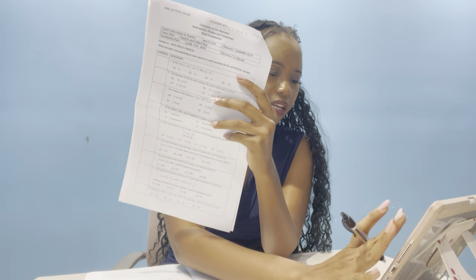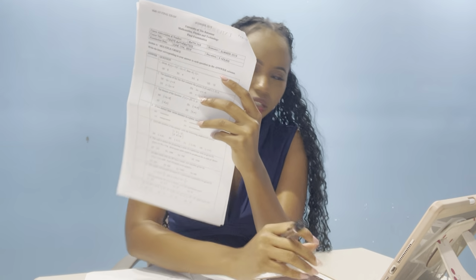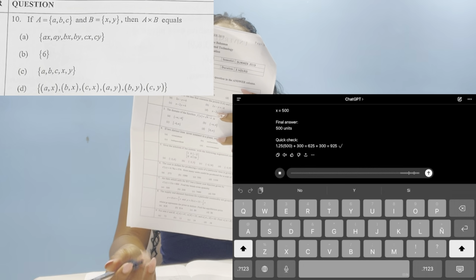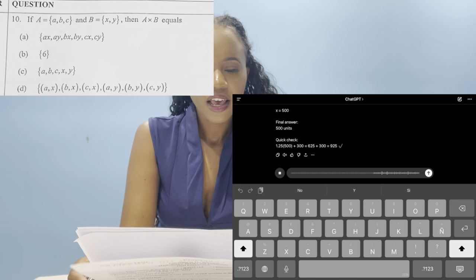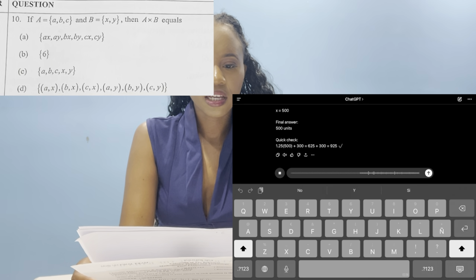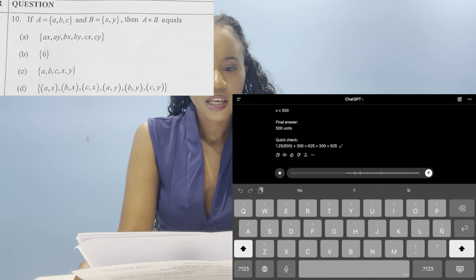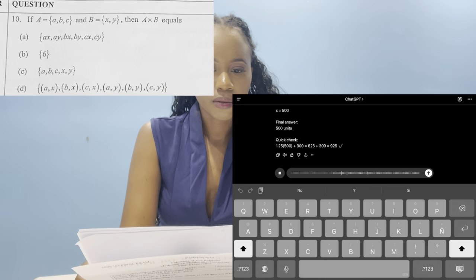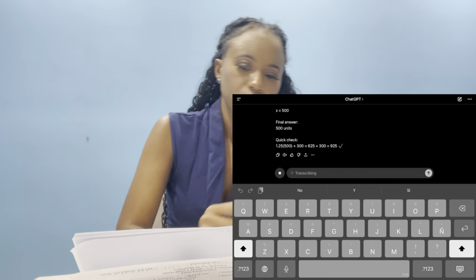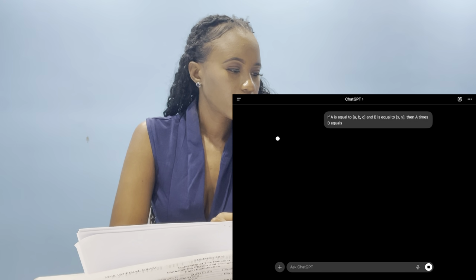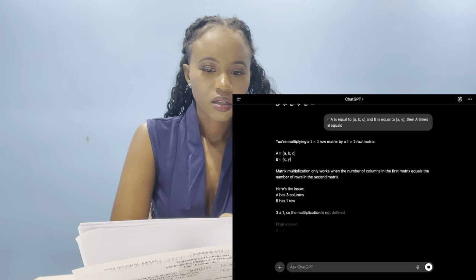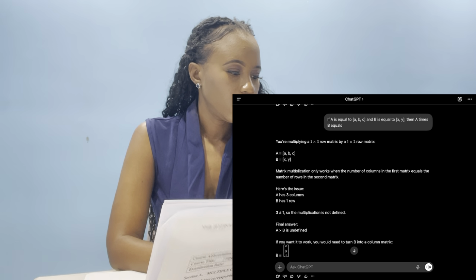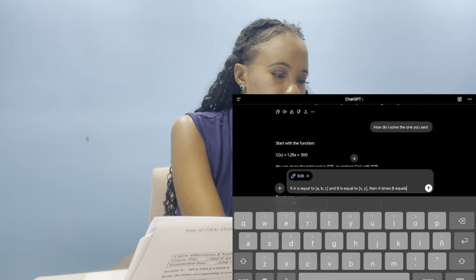Let's do number 10. Number 10 looks interesting. If A is equal to {a, b, c} and B is equal to {x, y}, then A times B equals... I forgot to say send me a similar question.